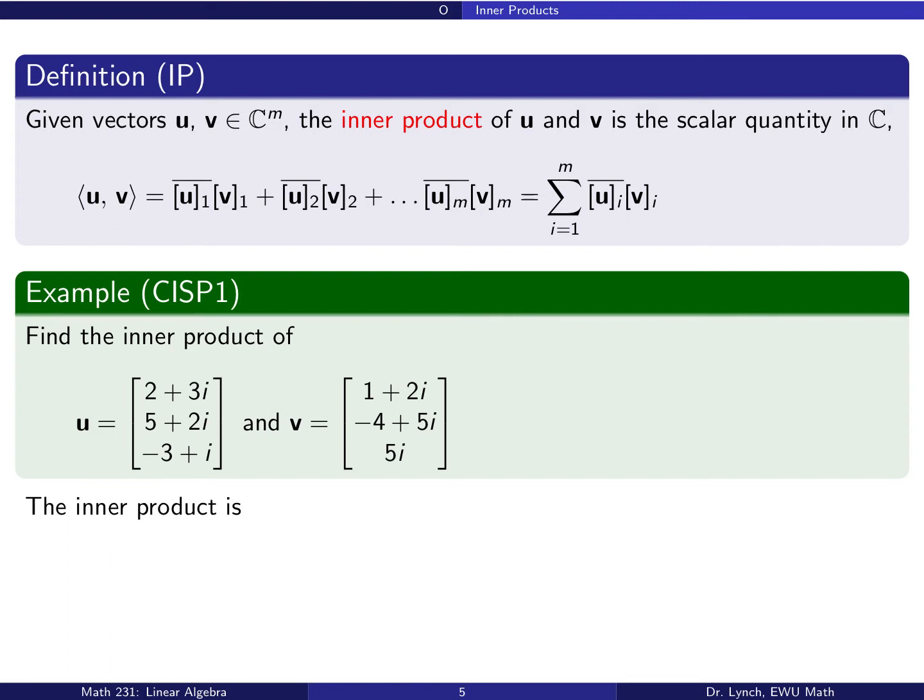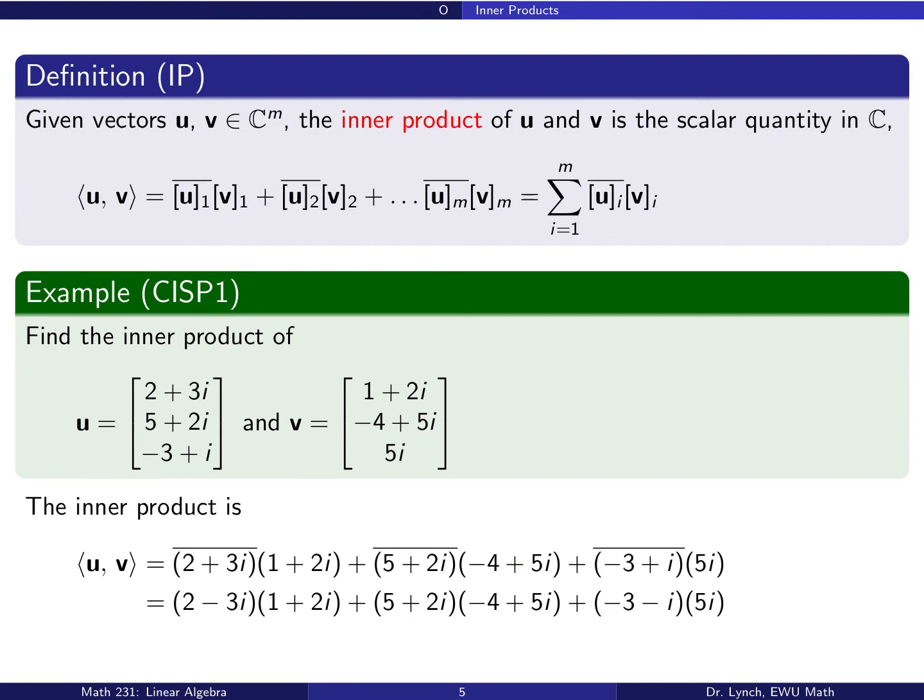Okay, so again, we'll conjugate the first, leave the second alone, take the product of those elements and sum them. And when you do that, here's what you get.